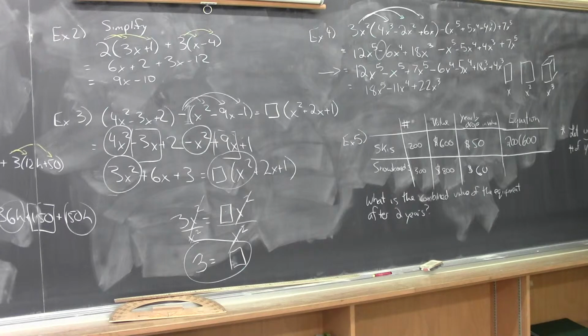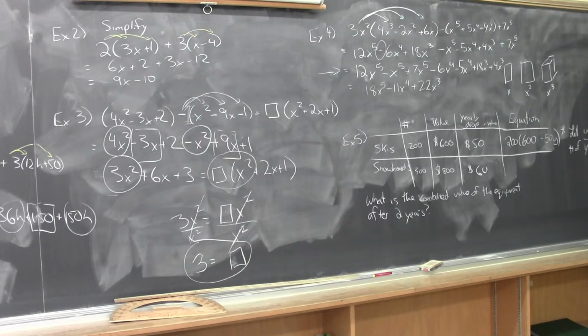Minus 50 times the number of years. You guys understand that? So now after 1 year, you're going to multiply 50 times 1, so it'll be worth 550, and there's 200 of them.